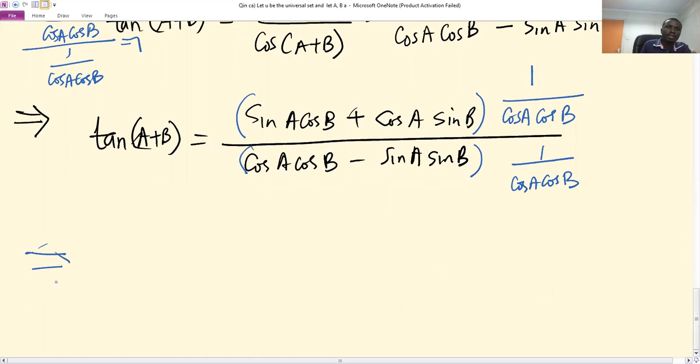So this means that tan of A plus B is the same as, so this 1 over cos A cos B multiplies every term.